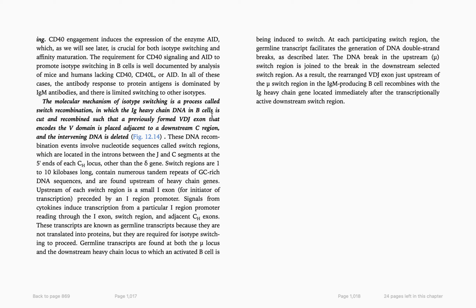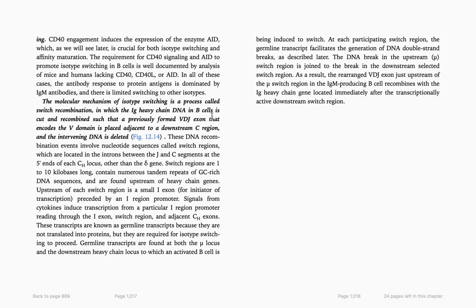Signals from cytokines induce transcription from a particular I region promoter, reading through the I exon, switch region and adjacent CH exon. These transcripts are known as germline transcripts because they are not translated into protein, but they are required for isotype switching to proceed.